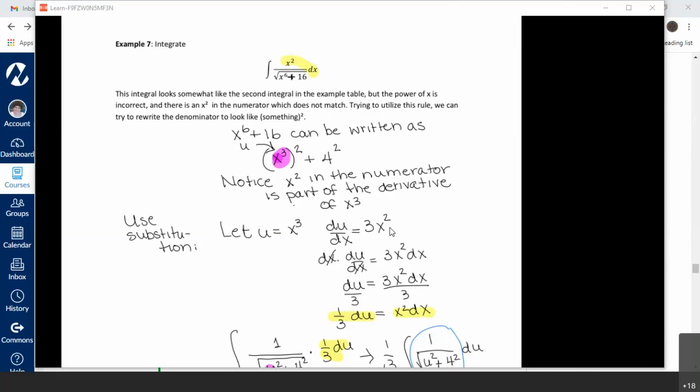You can see that right here where I did du dx, it gave me 3x squared. And then I got x squared dx, this highlighted yellow bit in the integrand, and I isolated that. That's what made me use substitution, that x squared in the numerator, which is part of the derivative. Any other questions?